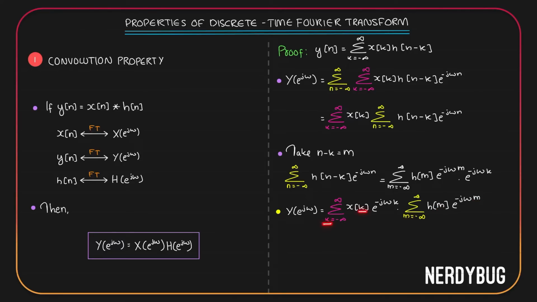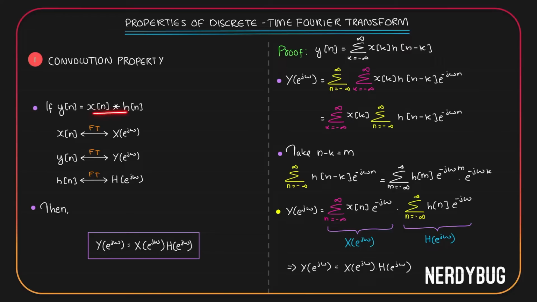We have k here, you could just call that also n. So basically what you have over here is simply X of e raised to j omega. And what you have over here is H of e raised to j omega. So we can write Y of e raised to j omega is simply the product of X of e raised to j omega and H of e raised to j omega, which is exactly what we have written over here.